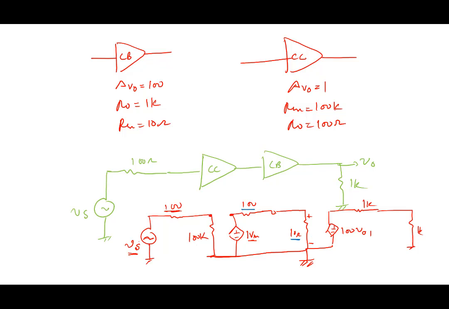So the signal gets attenuated again by a factor of 10 here, and then there is an attenuation by a factor of half here, and accordingly then you can see.